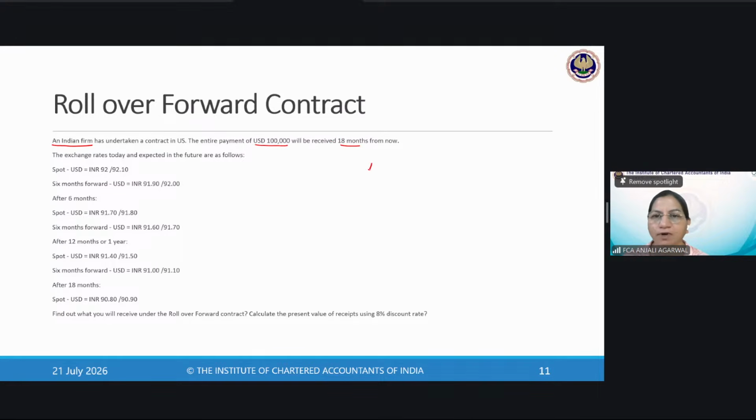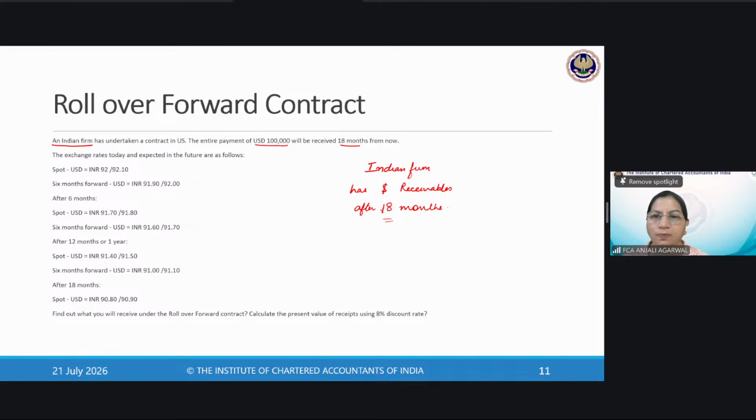So our Indian firm has dollar receivables, but after 18 months. And the forward contract is not available directly for 1.5 years or 18 months.